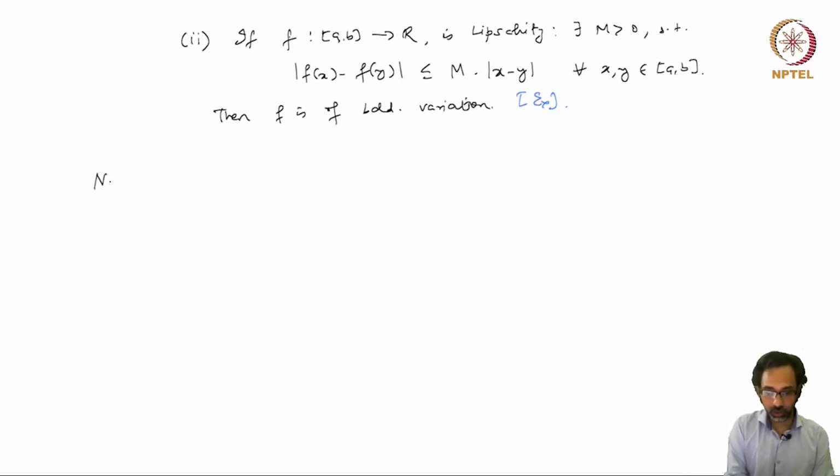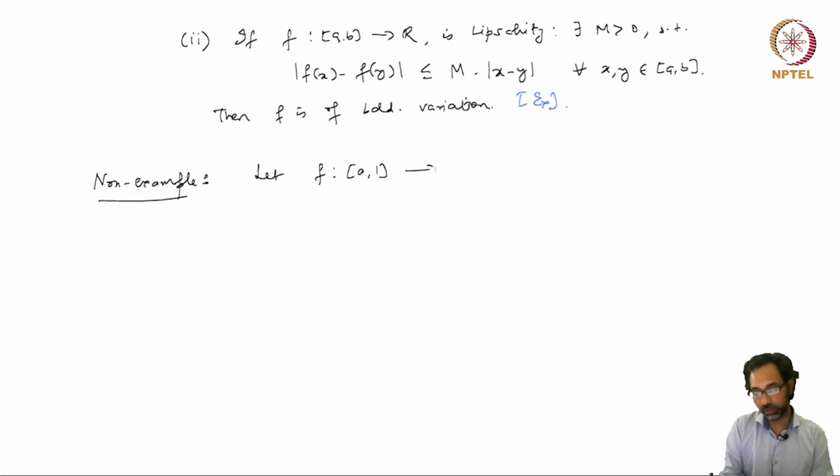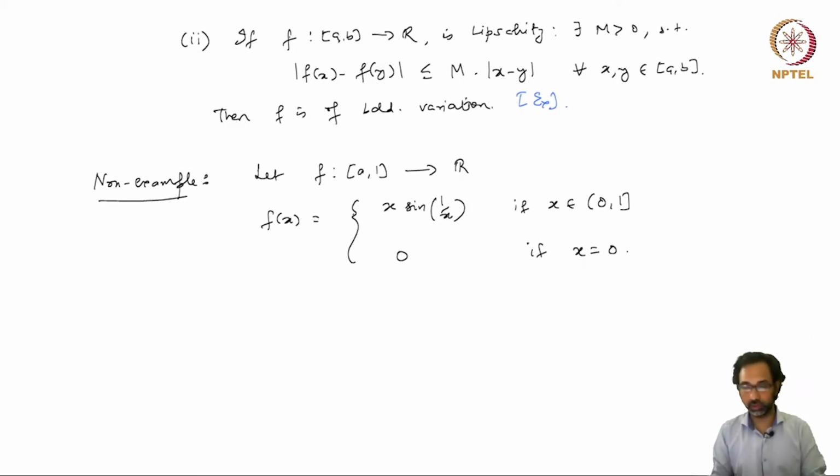Now let's look at a non-example. So a function which is not of bounded variation. In fact, this function will also be a continuous function. So let f from [0, 1] to R be given by f(x) equals x sin(1/x) if x belongs to (0, 1] and 0 if x equals 0.